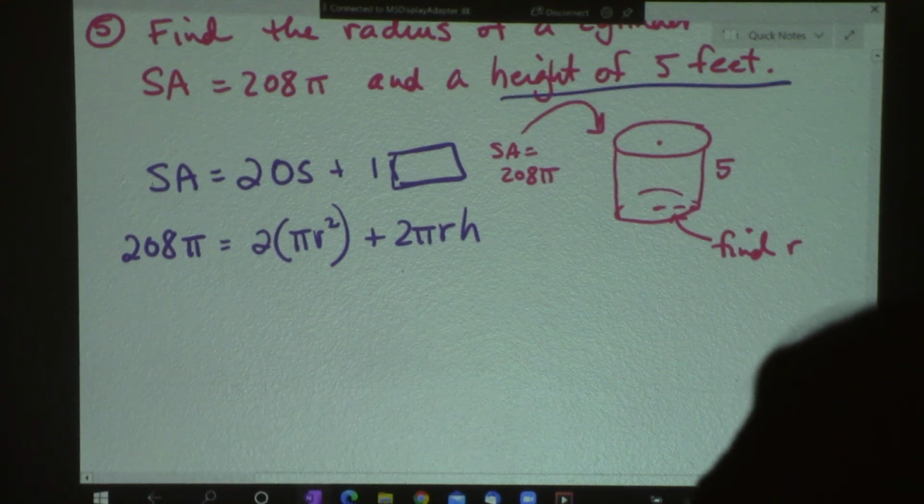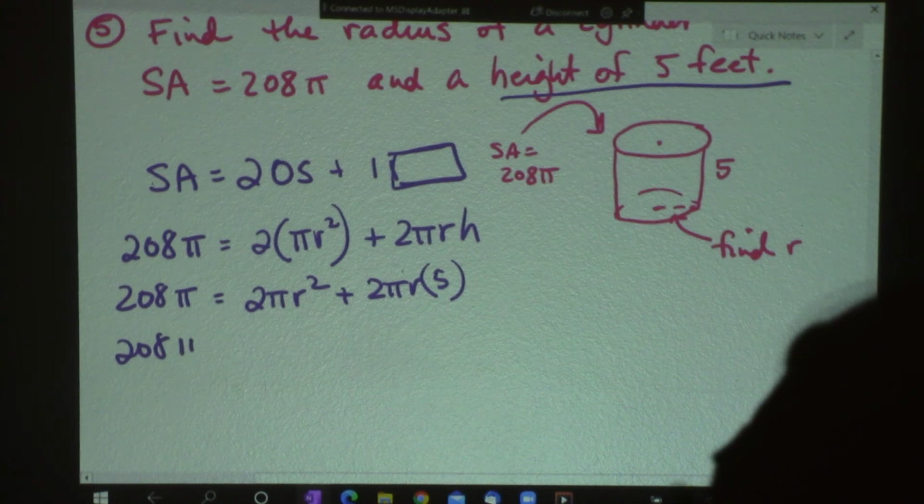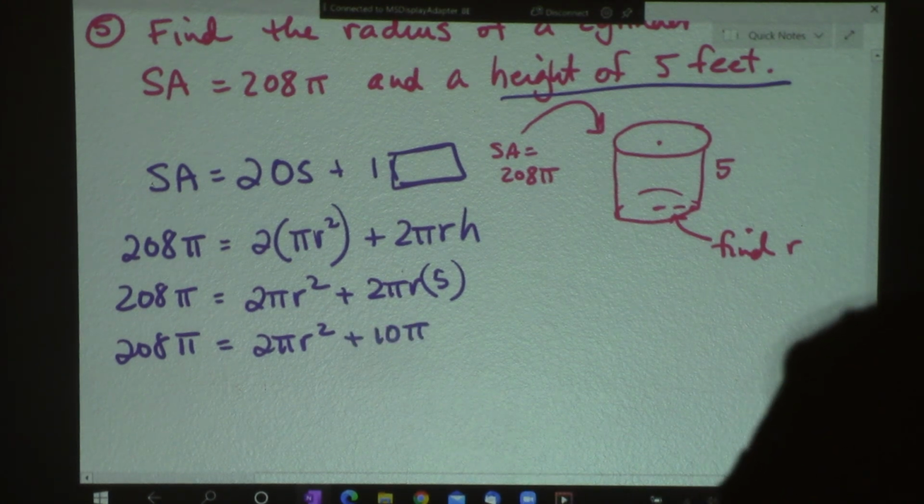I know that I've got 5 for a height, so I've got 208 pi, and I'm trying to find the radius. So I don't know that, so I'm just going to write this as 2 pi r squared. I don't know the radius yet. And I know that the height is 5 here. Okay, so then I have 208 pi equals 2 pi r squared plus 10 pi r.